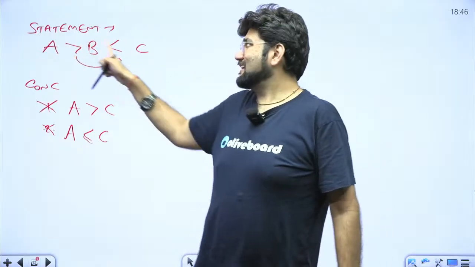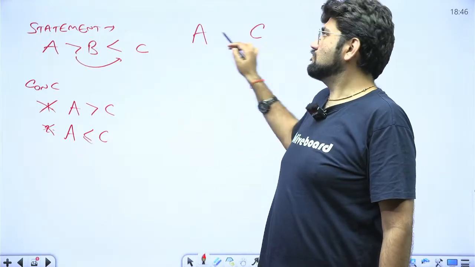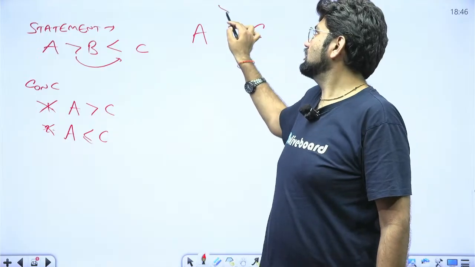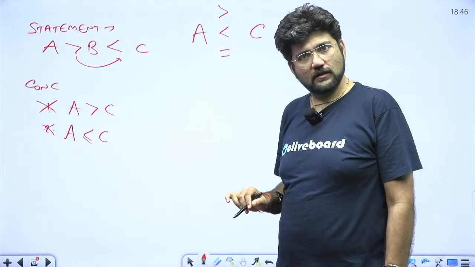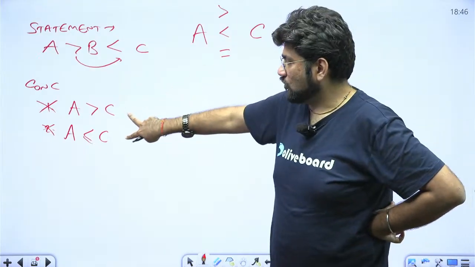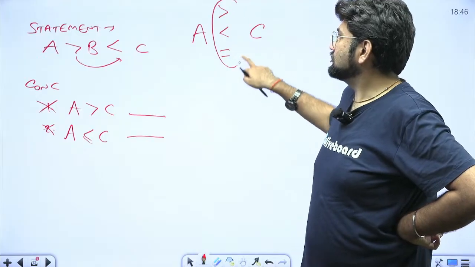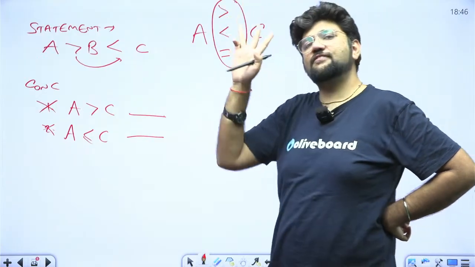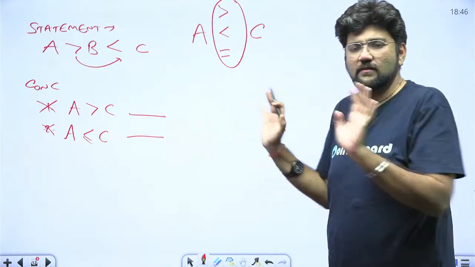So A and C relationship cannot be determined. So what are the three possible symbols between A and C? We'll say either greater or smaller or equal. So in these two conclusions, there should be a combination of these three signs. Now you tell me, how can I fit three signs in two conclusions? So I'll have to merge any two. Any two I can merge.